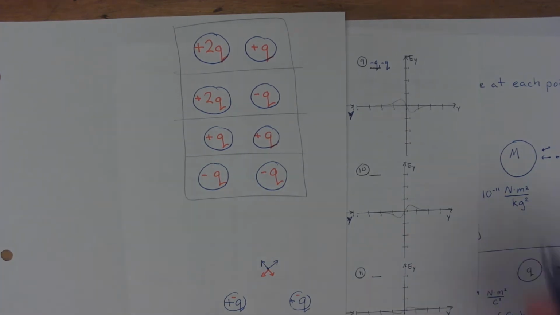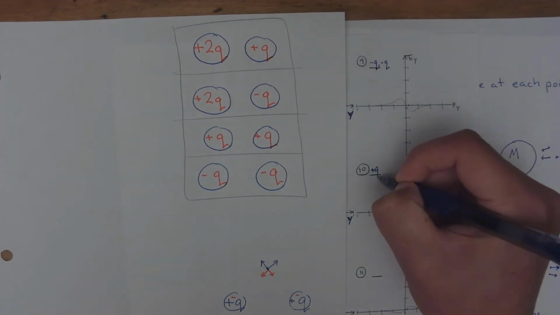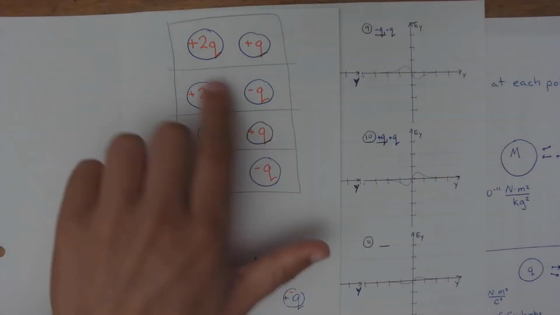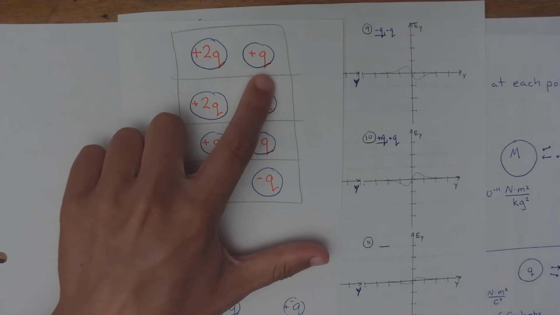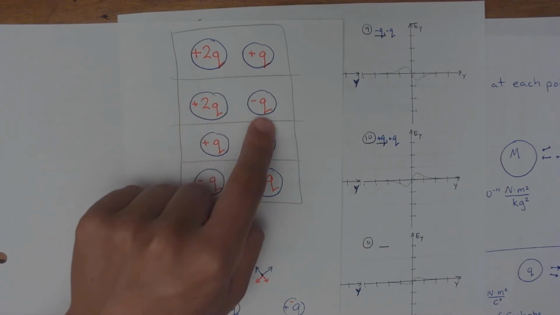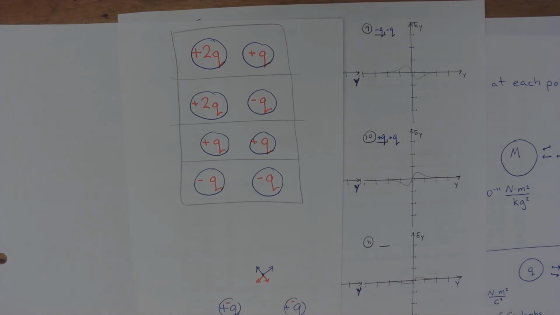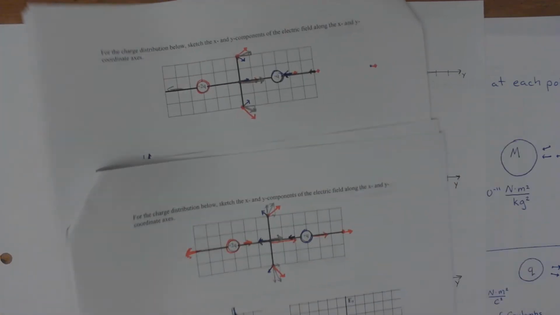So that would be the plus q and the plus q. And then you have to figure out for the plus 2q and the plus q and the plus 2q and the minus q, which one's going to be larger and which one is going to be smaller. So let's go back again to the diagrams that we had here.